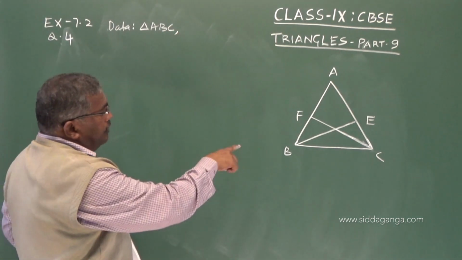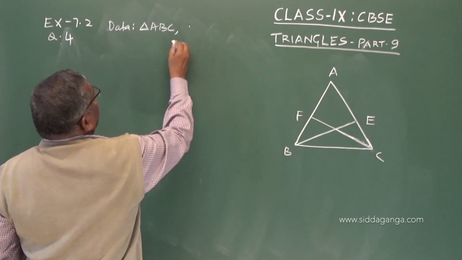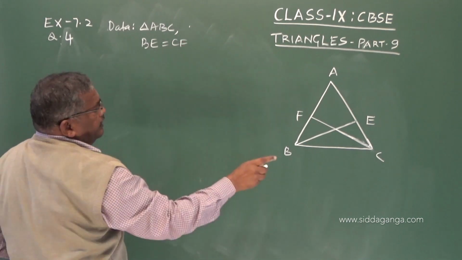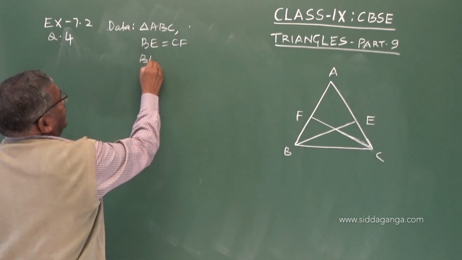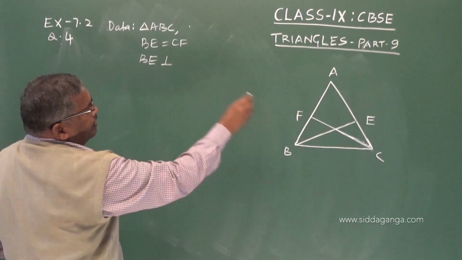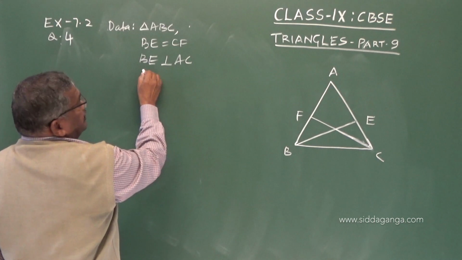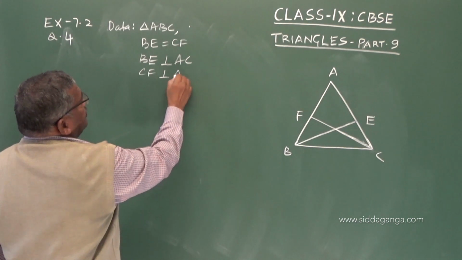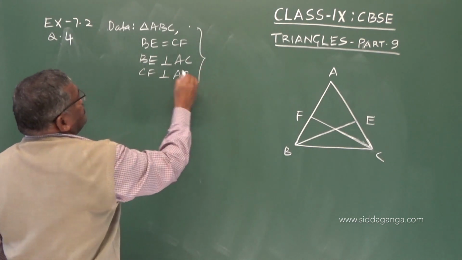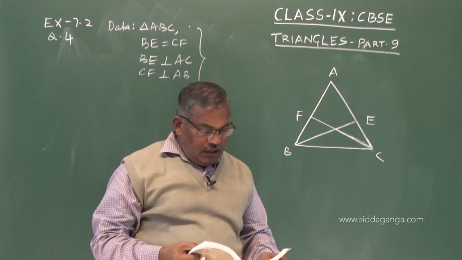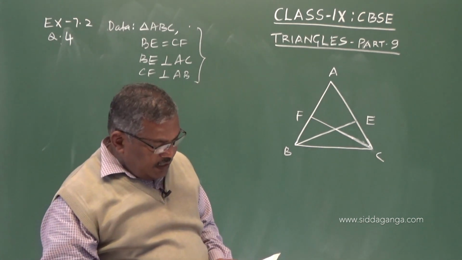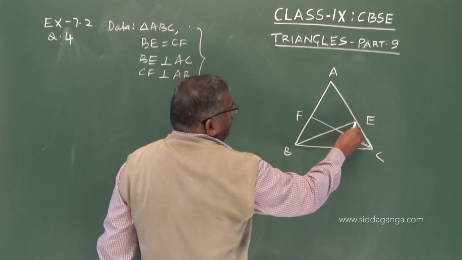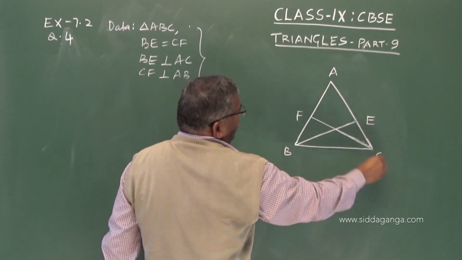Altitudes BE equals CF, and BE perpendicular to AC, the word altitude says so, and CF perpendicular to AB. So, all this is given. Then what is asked? Show that ABE is congruent to ACF.